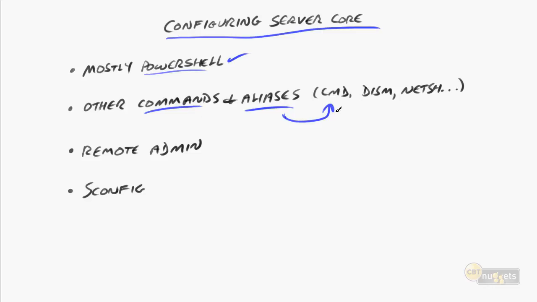Also, there are other commands, and this is just a couple of examples. For example, DISM, the Deployment Image Servicing and Management item that you can use. I give you some examples of that in the PowerShell cheat sheet as well. Even though it's not a PowerShell commandlet, you can still use that from within a PowerShell command prompt window. Then, of course, the other thing you could do would be to use simple remote administration.